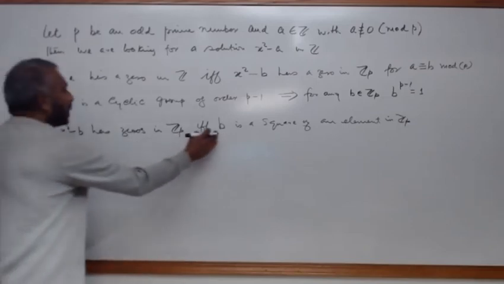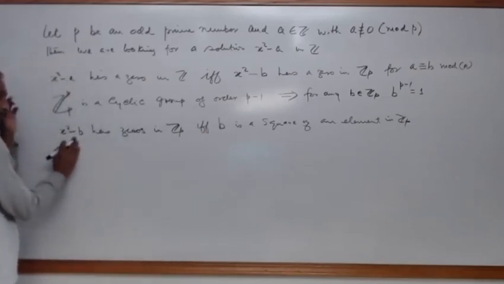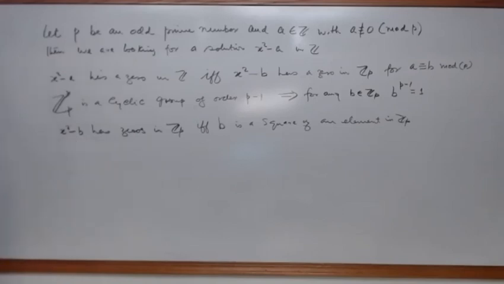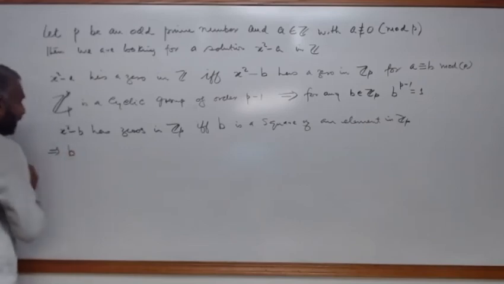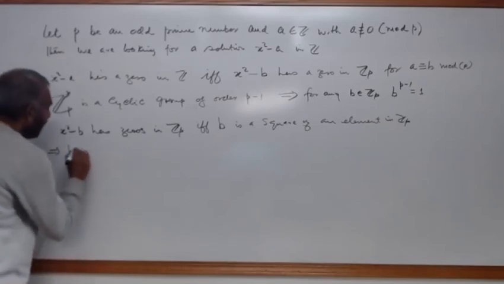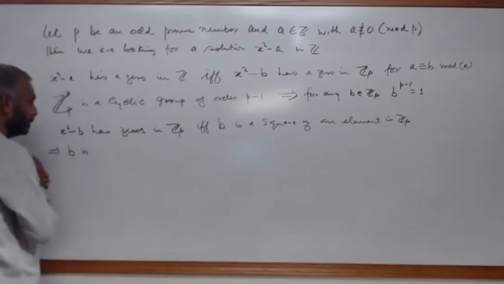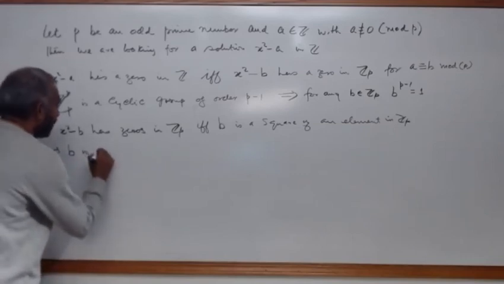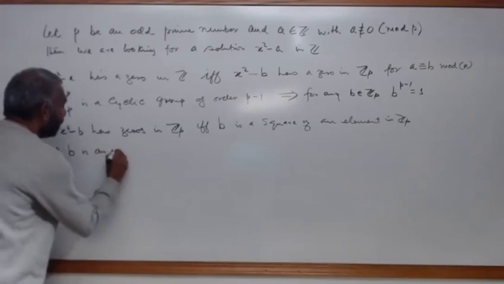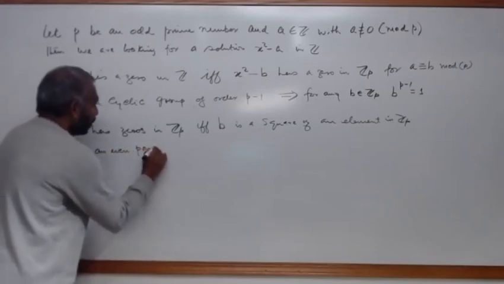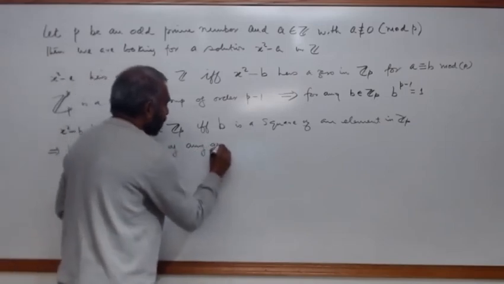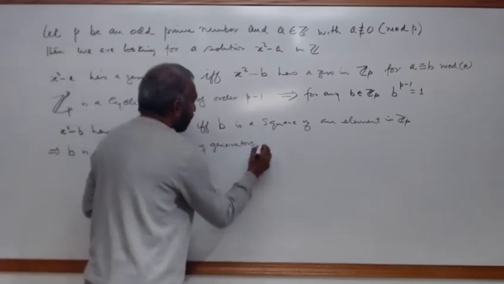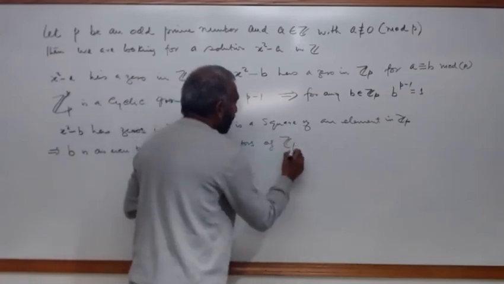If it's not a square, then there is no 0. And that implies B is an even power of any generator of Zp star.